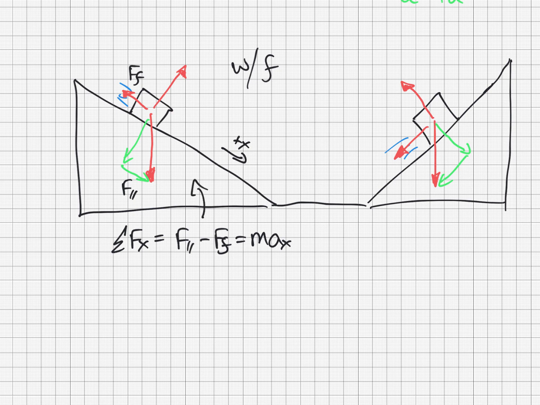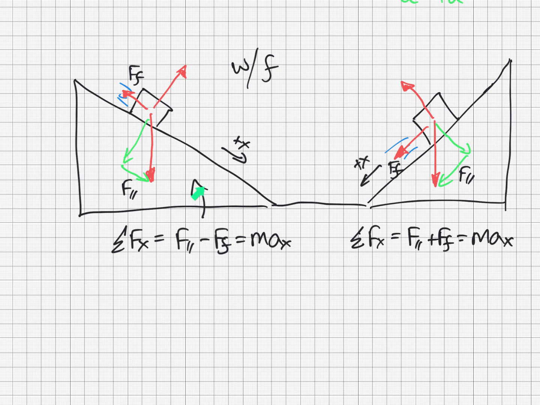That's for this one. Here, again, we'll say down the ramp is the positive x direction, whereas in this case, the sum of my forces is we have our parallel right here and the force of friction right there. So we have the parallel component plus the force of friction equals mass times acceleration in the x.